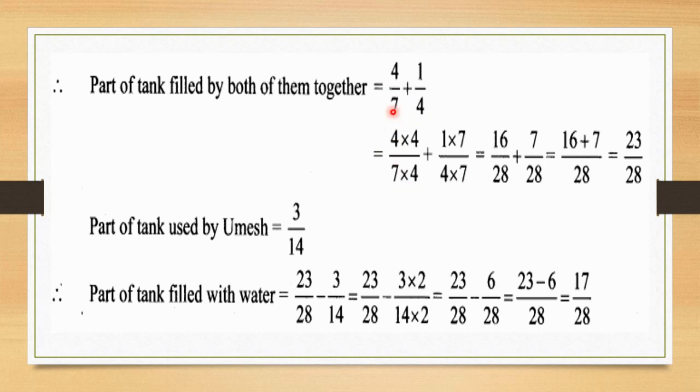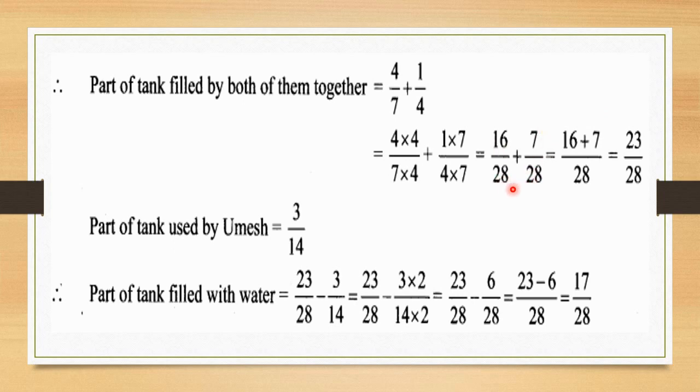For 4 by 7 we will multiply both sides by 4, and for 1 by 4 we will multiply both sides by 7. So 4 multiplied by 4 upon 7 multiplied by 4 plus 1 multiplied by 7 upon 4 multiplied by 7. When we do this calculation, we will get 16 by 28 plus 7 by 28.